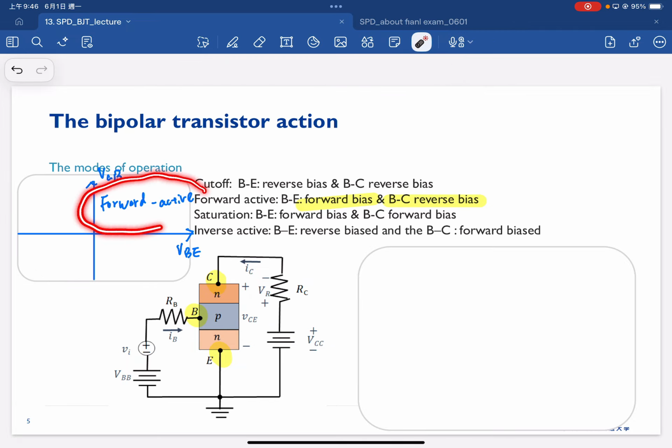So that's the operation region we consider as forward active, where we have a forward bias in the base-emitter, but reverse bias between the base and collector. Basically, with this consideration, we can have the four different quadrants of operation, depending on whether you forward or reverse bias each junction. Therefore, if we do BE reverse bias and BC reverse bias, we call this the cutoff region.